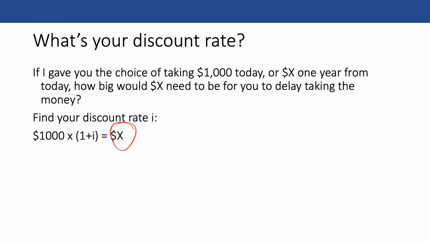At the point at which your decision changes, that's approximately the discount rate that we're able to elicit. And we calculate that essentially by solving for I.